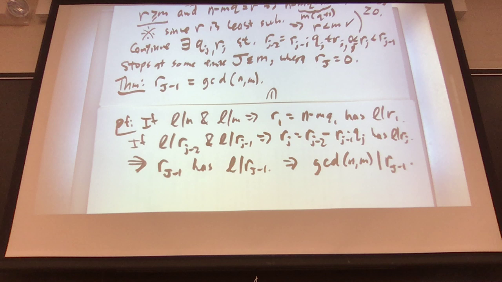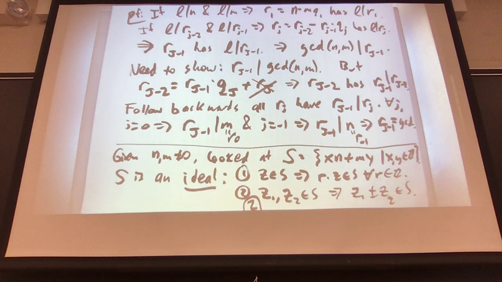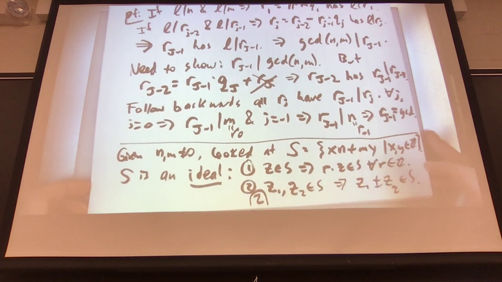I need one other thing. Karen? Closed under addition and subtraction. If Z1, Z2 are in S, then Z1 plus Z2 and Z1 minus Z2 are in S. Let's leave that as an exercise. I think that's a good exercise. And this is a general thing that you do for any ring.